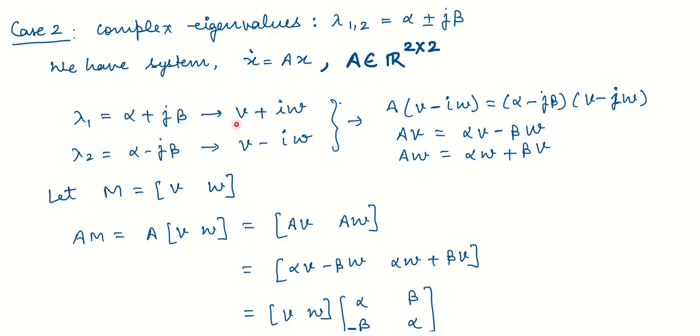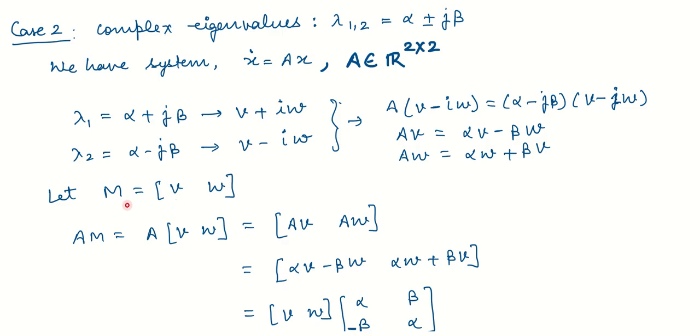And the corresponding eigenvectors are v plus iw, v minus iw. Which implies that as per the definition of eigenvalues and eigenvector, A times eigenvector is equal to corresponding eigenvalue times eigenvector. So when you multiply and rearrange, comparing the real part and imaginary part, you will get these two equations.